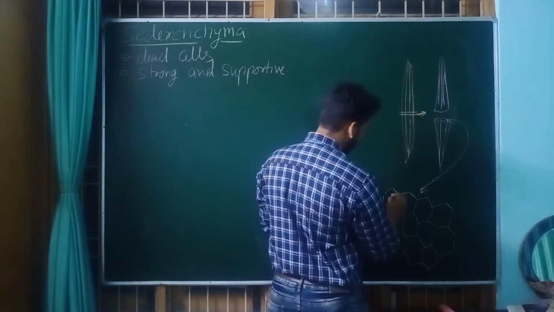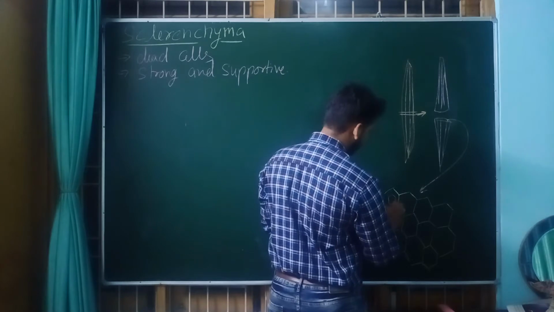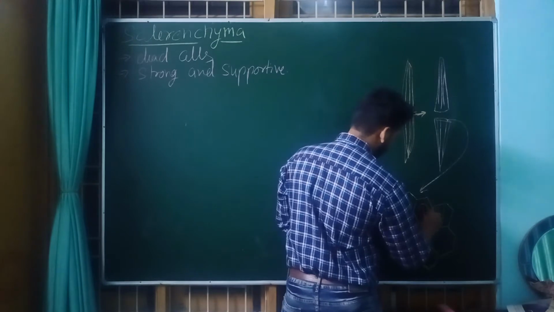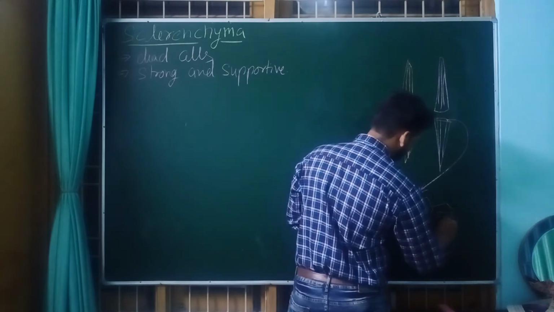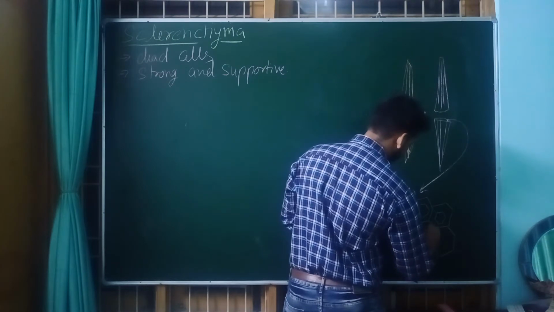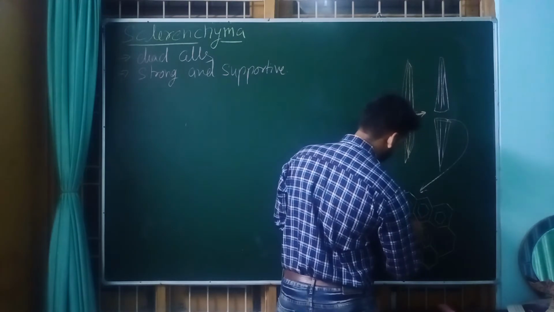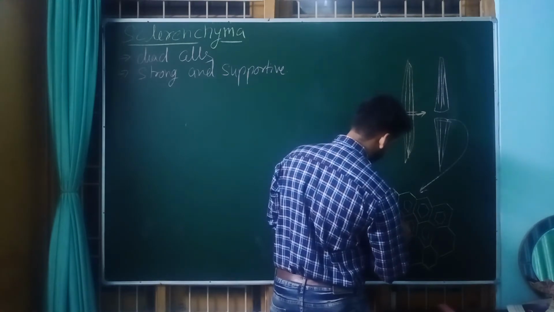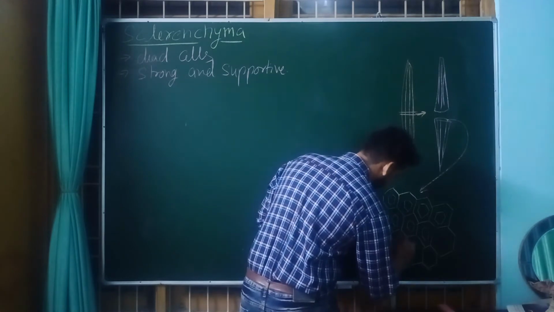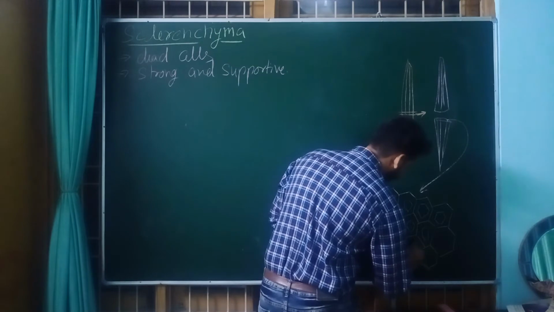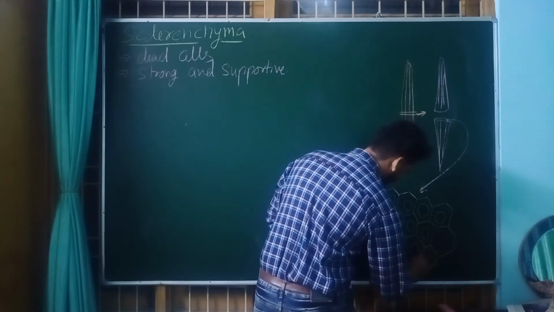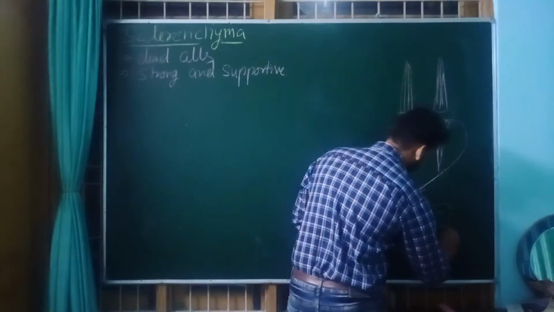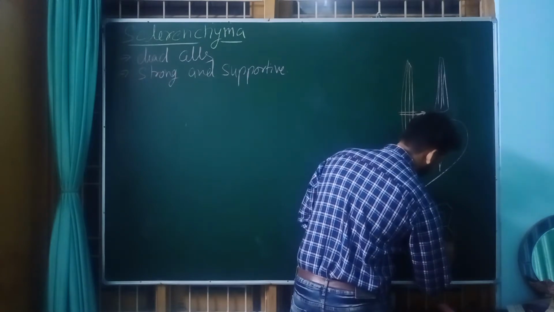This I have made as the outer part, and because of lignin there is very little deposition of cytoplasm. So the size or area of the cytoplasm is reduced. Here, the part I made with yellow color is the cell wall, and the area between these two polygons is filled with lignin.